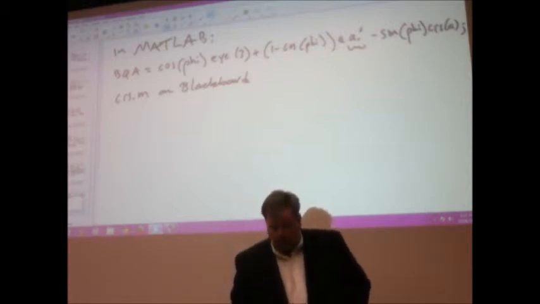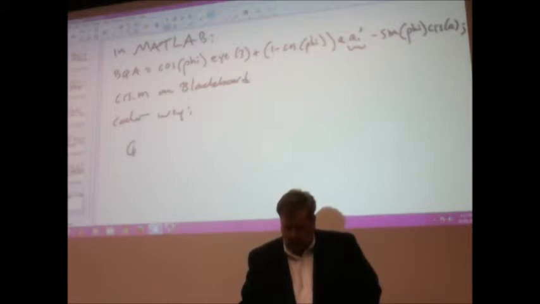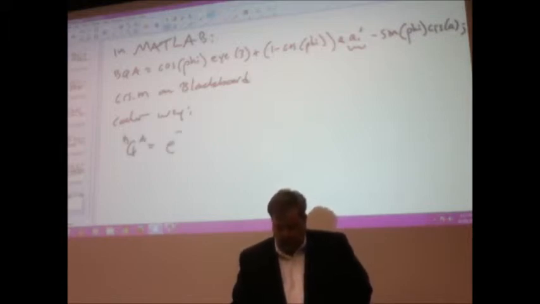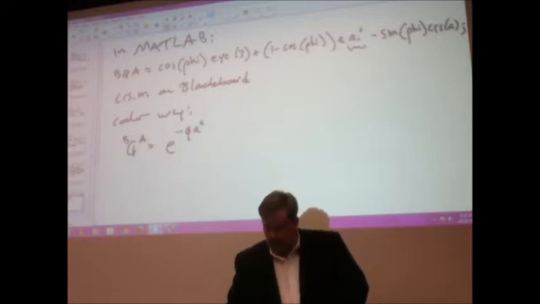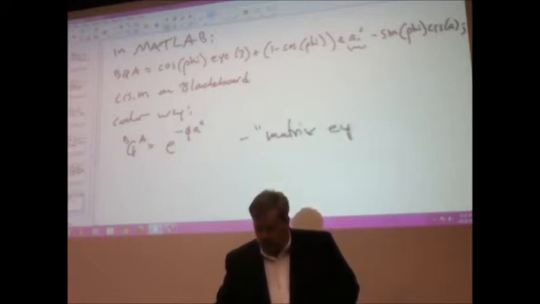But there's also a cooler way to do it. And I love this. Let's have the direction cosine matrix again from A to B. It's e to the minus phi times A cross. So this is a so-called matrix exponential.